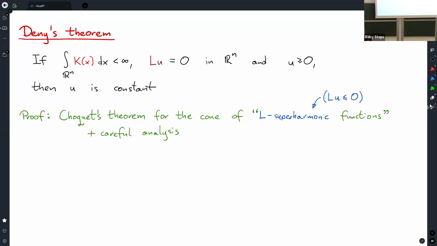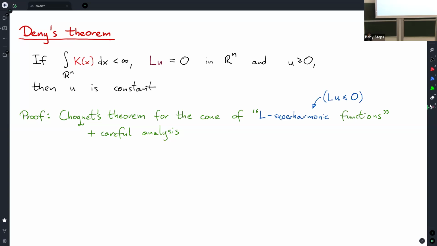These are called either L-superharmonic functions or excessive functions, depending on the source. You can prove that this is a convex cone with a lattice property, so you can apply Choquet's theory to that. That brings your problem to the question of identifying the extremal points in that convex cone, or the section of the cone really.